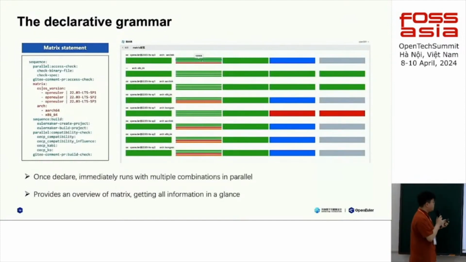And the matrix keyword is used to announce different kinds of combinations.